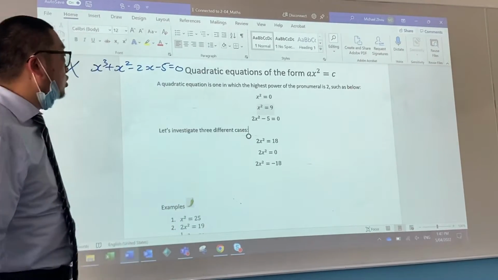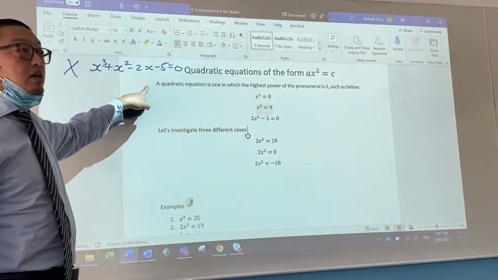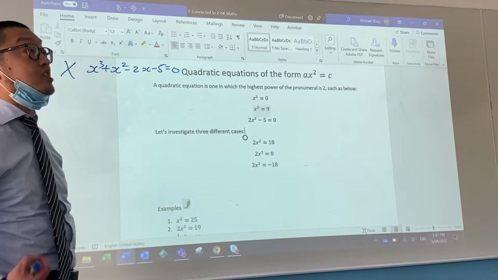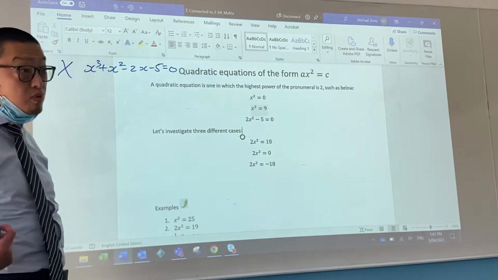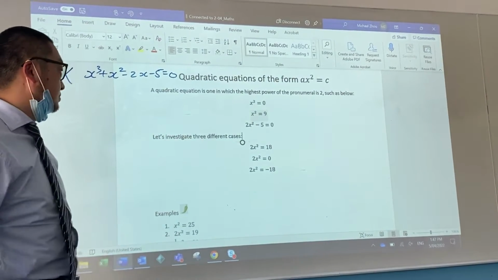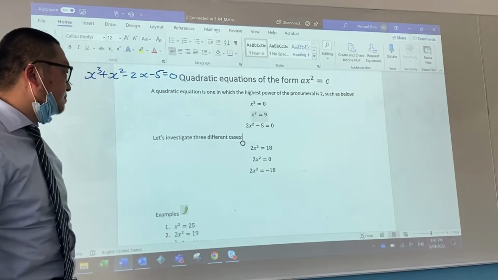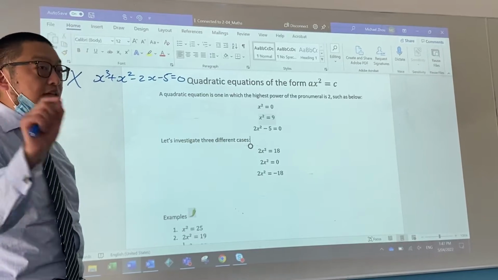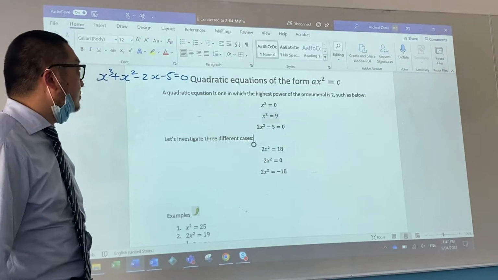I'll give you a minute to just write down that sentence. A quadratic equation is one in which the highest power of the pronumeral is 2. Then we move on.